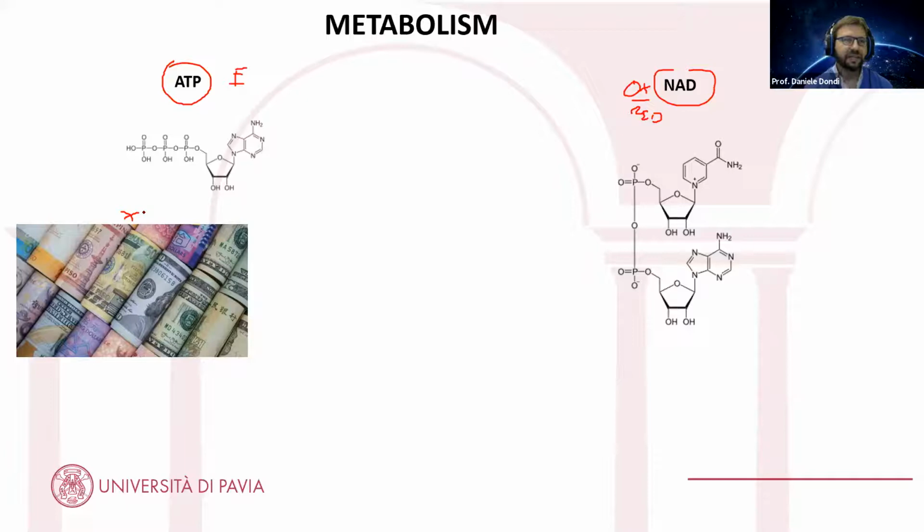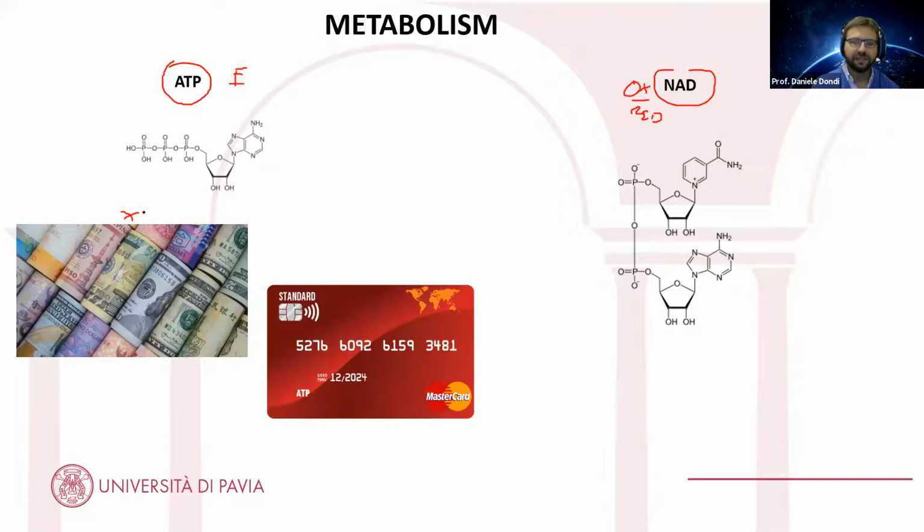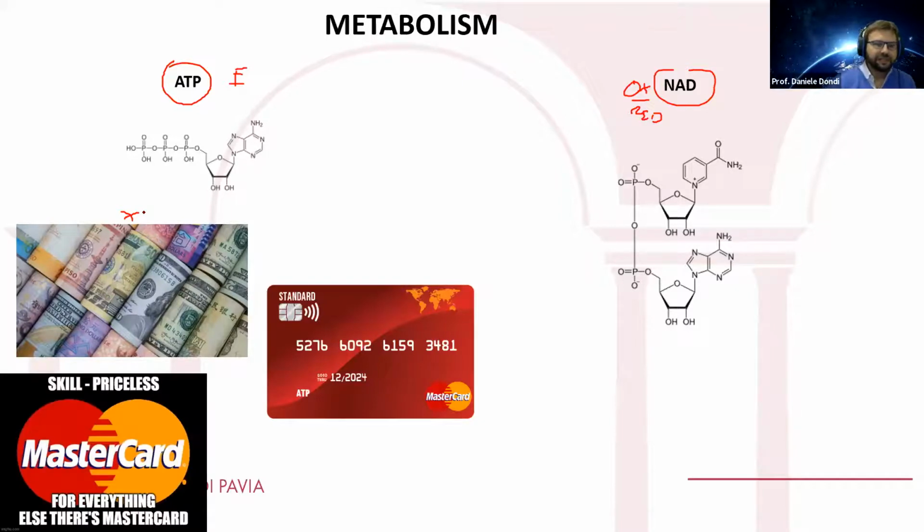But then maybe after mixing of this argument, they chose the best one. So they chose maybe the credit card. You know that the skill is priceless, but for everything else, there is MasterCard. So maybe you chose the MasterCard. And this MasterCard is actually our ATP. So the ATP is money that we can use everywhere, independently from the currency. And so maybe this was the choice.